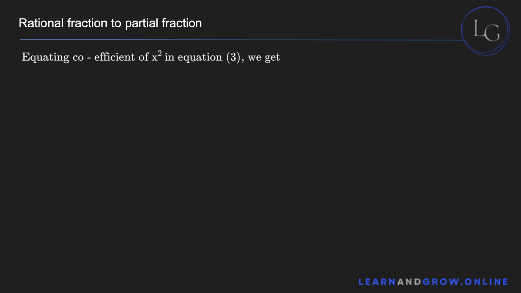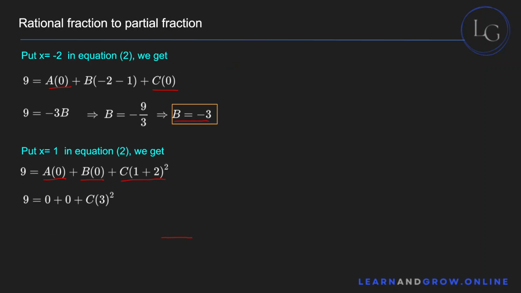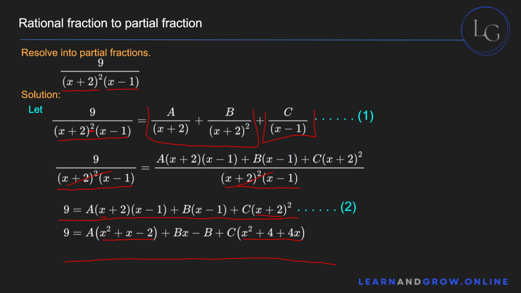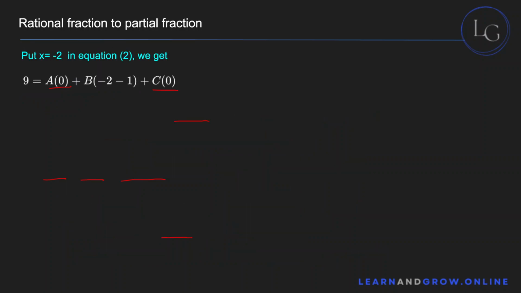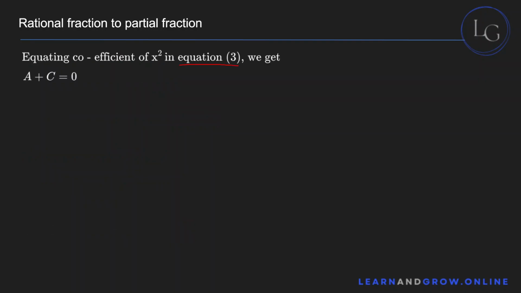So we need equation 3. What was equation 3? Well, this was equation 3. And basically we'll just have to see what happens. Look over here. The coefficient of x square in equation 3 is a plus c.